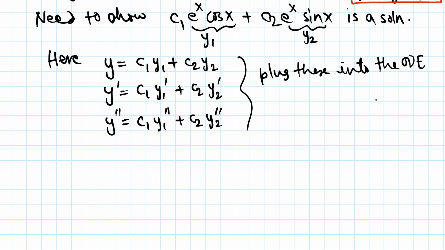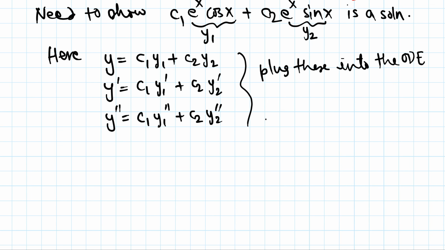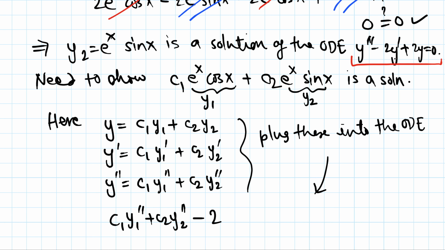Okay, now plug these into the ODE. So y double prime is here now. C1 y1 double prime plus C2 y2 double prime minus 2y prime. That's the ODE. Look at here, 2y prime.